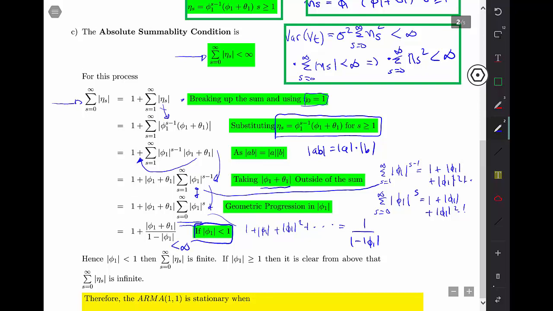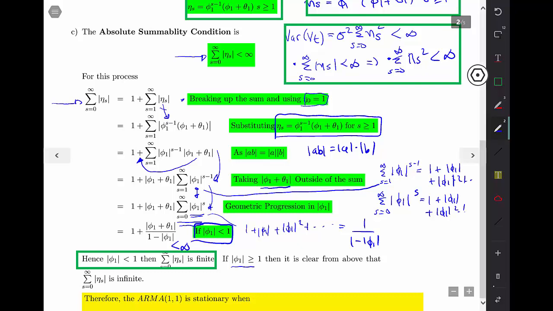So if the absolute value of phi 1 is less than 1, the sum is finite. Take the case, for example, where phi 1 equals 1: this sum is obviously going to explode to infinity. We get 1 plus 1 plus 1 plus 1, an infinite number of times, and it's going to be infinite, and the same thing if it's greater than 1.